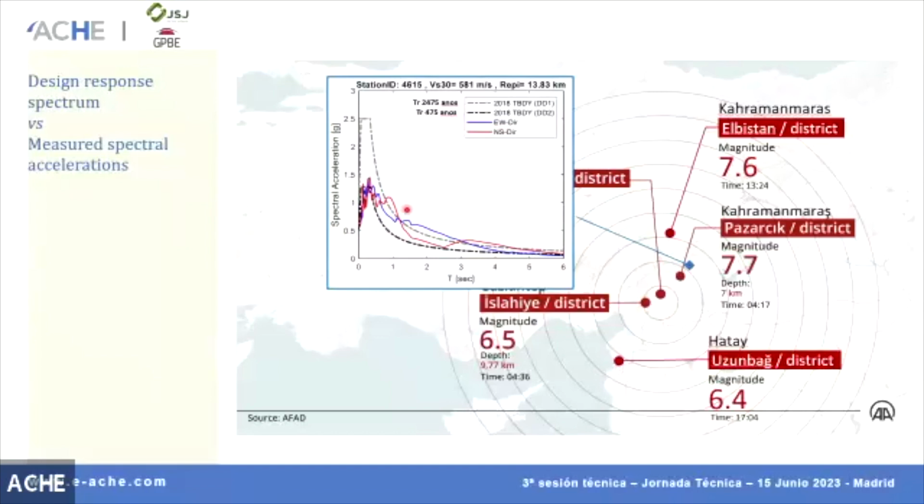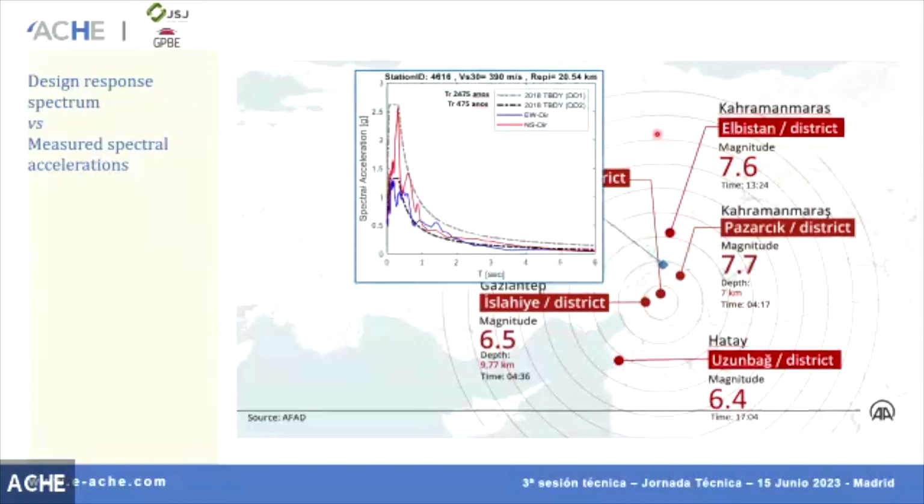And the blue line and the red line are the measured spectral accelerations. The blue line is the east-west direction, and the red line is the north-south direction. So you can see this was measured in several stations.